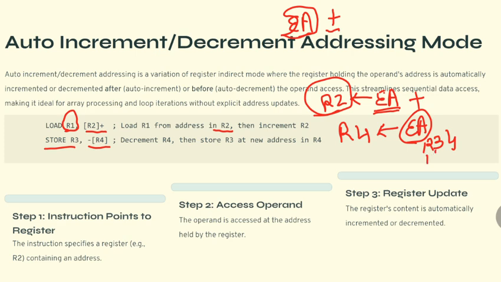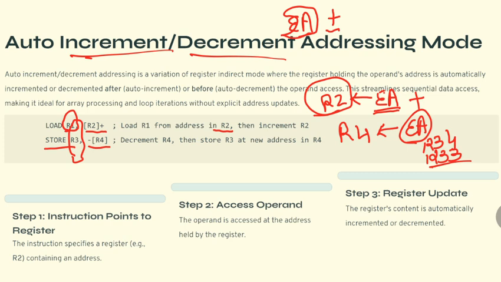First it will decrement it and it becomes 1233, and then 1233 is your effective address. Whatever data is available at location 1233 would be stored in the register r3. So that is auto increment and decrement.